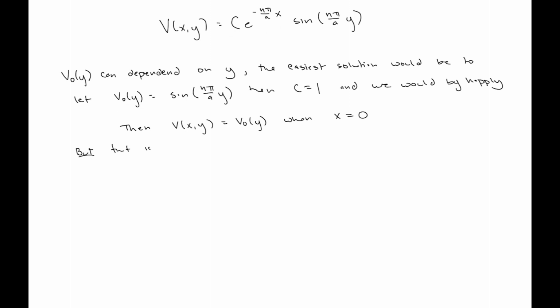But that is unlikely, okay? Too easy and unlikely. So we need a better technique to find C for more options for what that voltage could be at the hot plate.